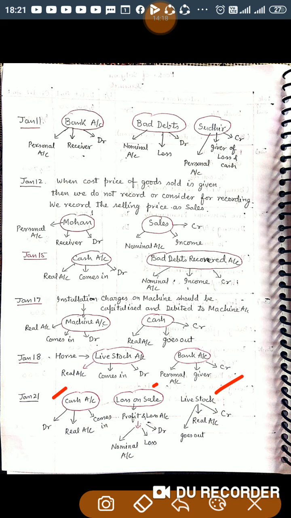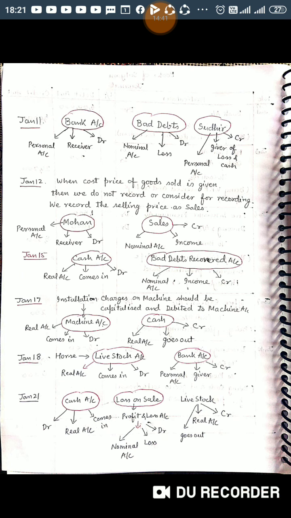Cash is a real account, it should be debited because it is coming into the business, 10,000 rupees. Loss on sale will be recorded under the profit and loss account. It is a nominal account, it is a loss, so it should be debited. Livestock is a real account, an asset, it is going out from the business, so it should be credited.